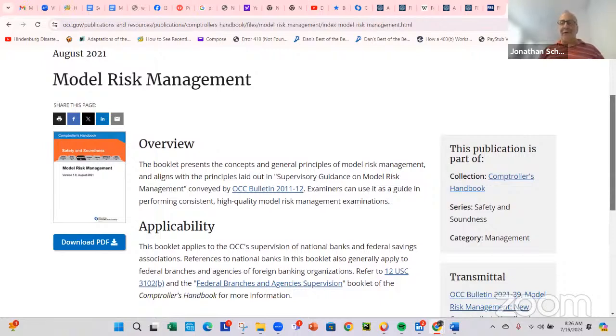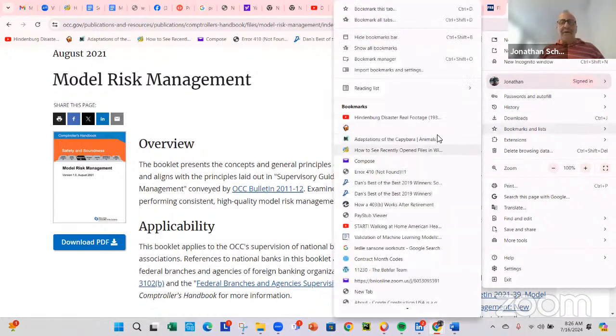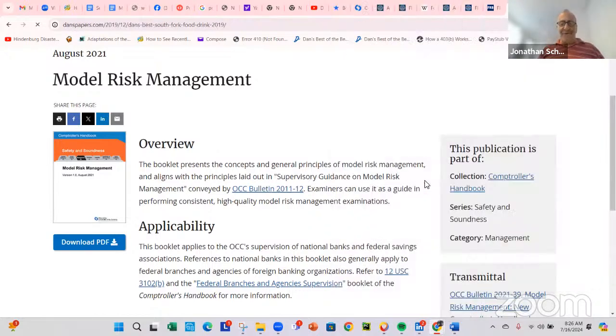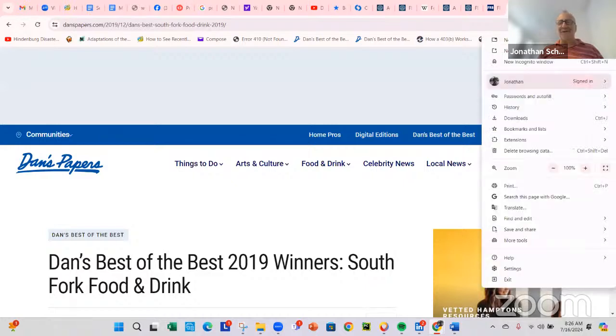Now, as far as other agencies, let me go back to the FDIC. It may be easier to Google it. I thought I had this a minute ago. Yeah, Dan's papers in the Hamptons.